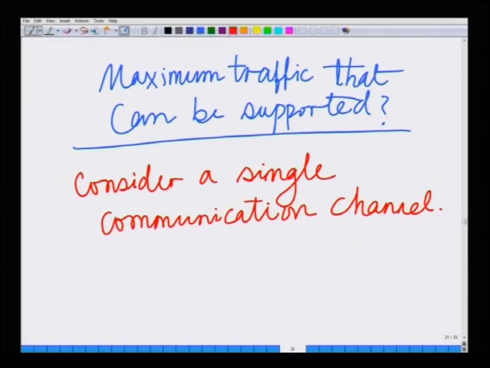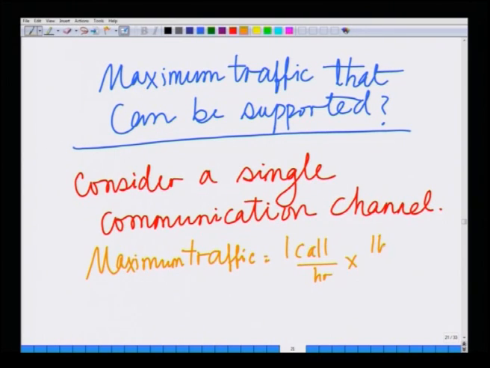Hence, if I have one traffic channel, I can support n calls each for a duration of 1 by nth of an hour, hence I can support 1 erlang of traffic. So, speaking of a single communication channel, the maximum supported traffic equals 1 call per hour into a duration of 1 hour per call, which is 1 erlang of traffic.